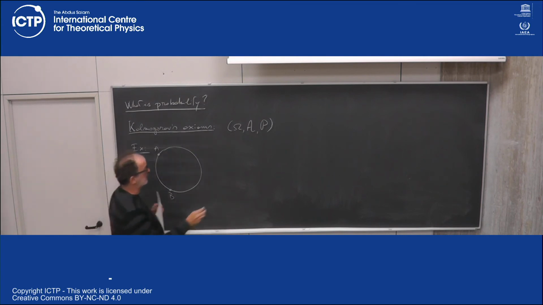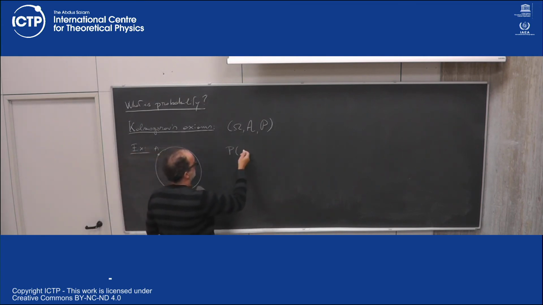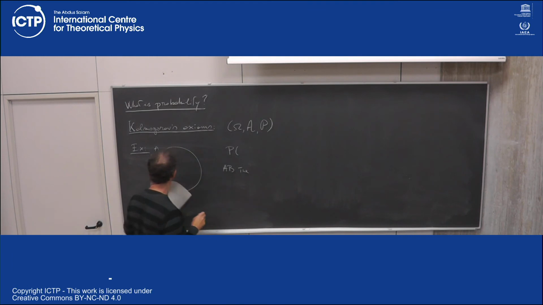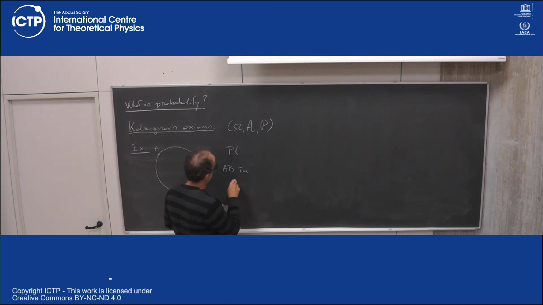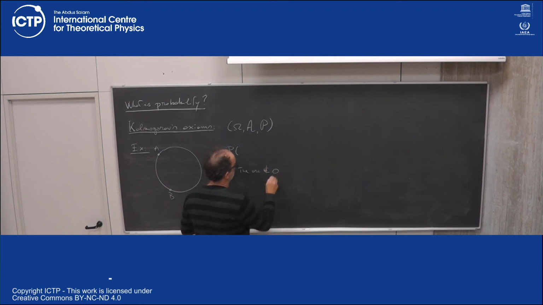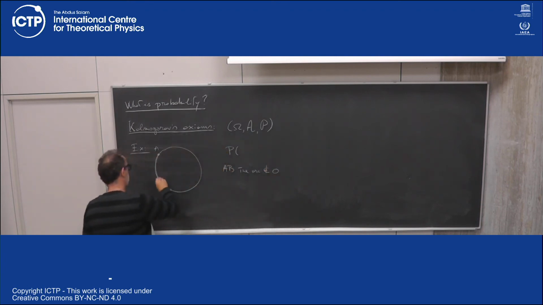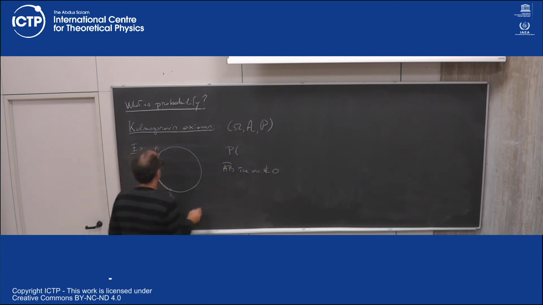And let's ask the question, what is the probability that, let's call AB the arc that does not contain the origin, so this one, so this is AB, and let's call BA the other one, the one that contains the origin.